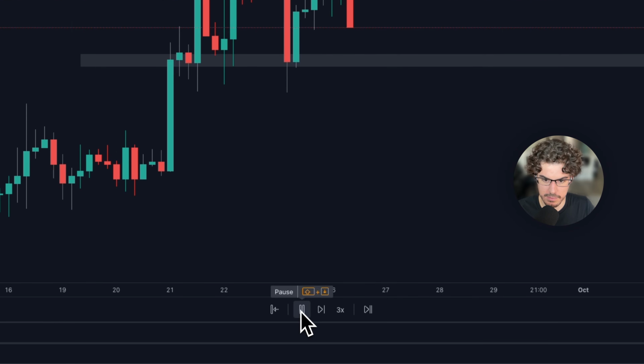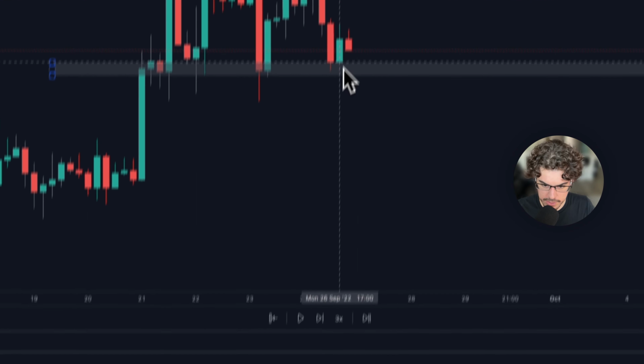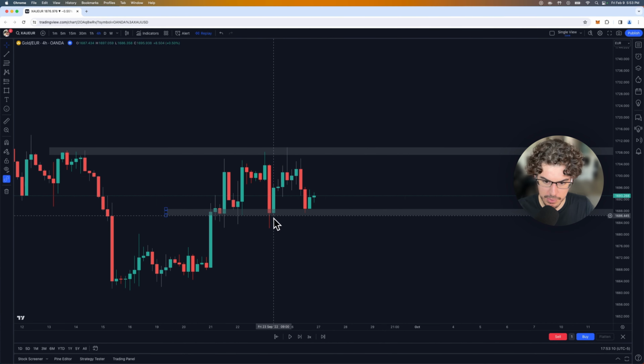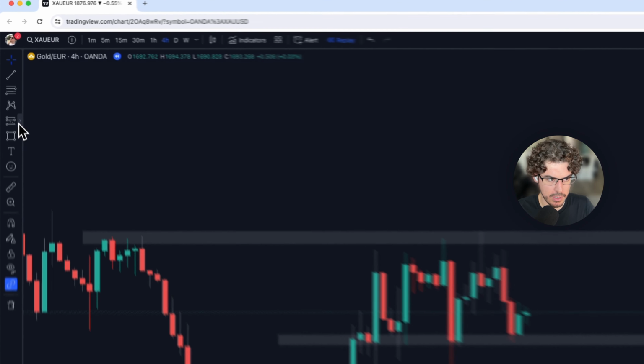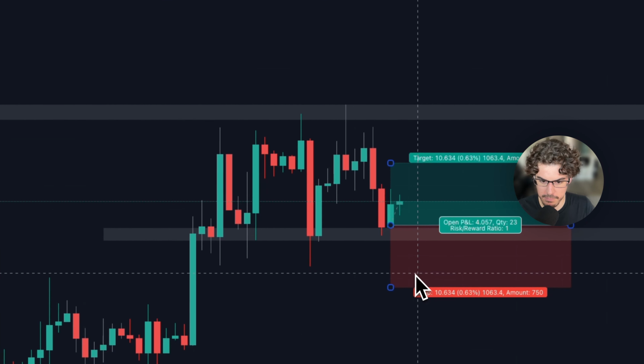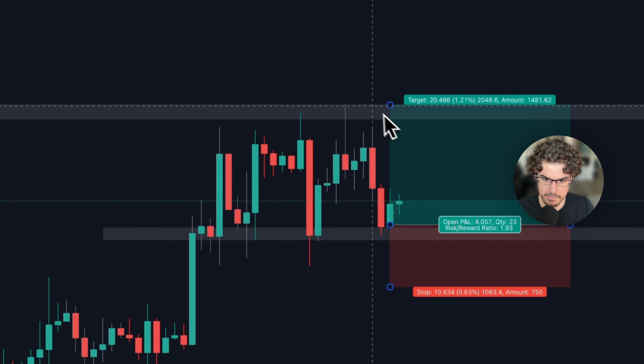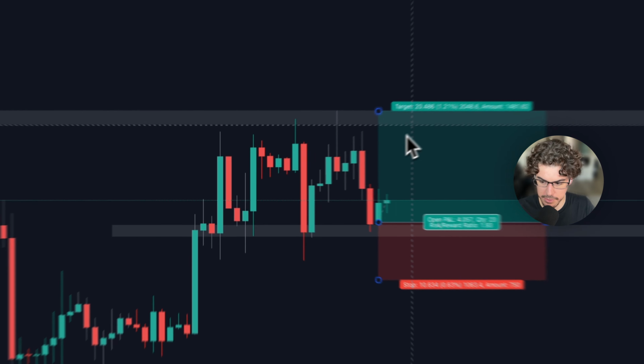So let's see. Okay, we reached that bottom area again, and we're not making any new lower lows or any new lower highs. So what I would do, if you'd like to trade this, is you can do a buy from this area, and you can target this high again in order to take your profit.